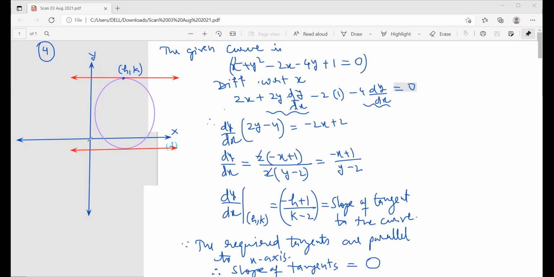What is the slope of the x-axis? It is 0, and the lines parallel to the x-axis also have slope 0. What is the slope of the y-axis? Not defined. The slope of the y-axis and the lines parallel to the y-axis are not defined. Please copy this much. So the required tangent is parallel to the x-axis. We know that the slope of the tangent will be 0, and we have already found the slope of the tangent here. So this can be equated to 0. What I will do next is equate this to 0.